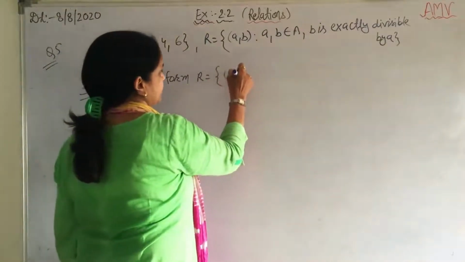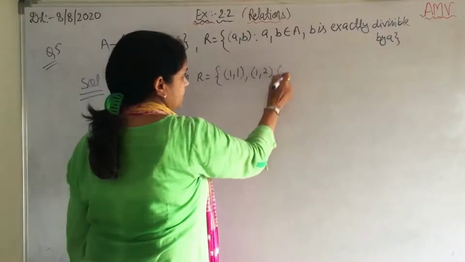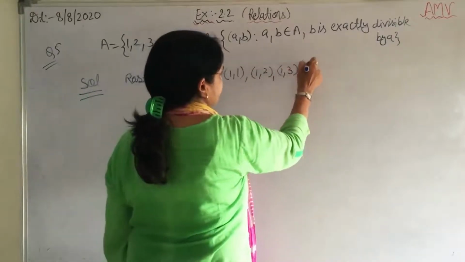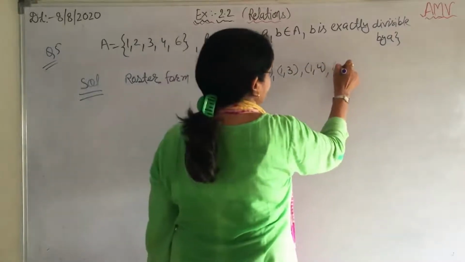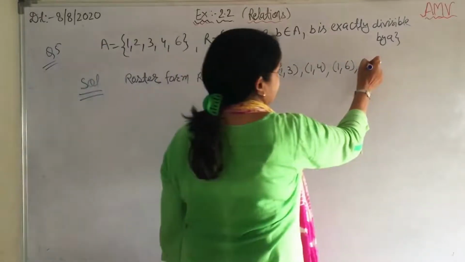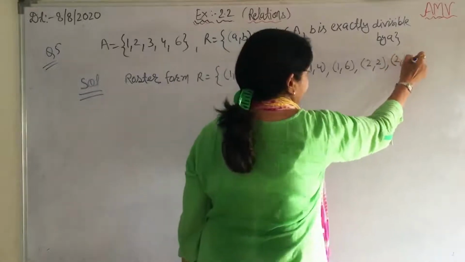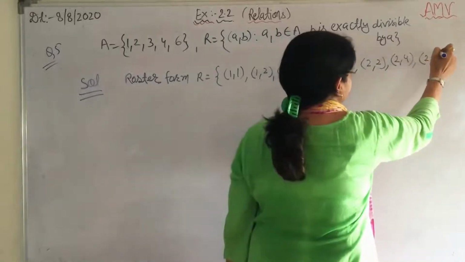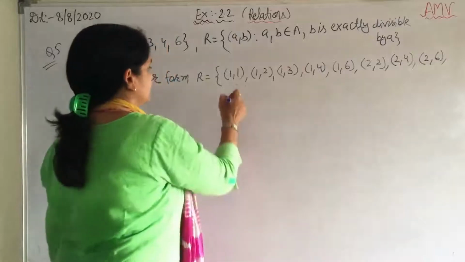So in roster form, 1 relates to 1, since 1 is divisible by 1. 1 relates to 2, 2 is divisible by 1. 1 relates to 3, 3 is also divisible by 1. Same as (1, 4) and (1, 6). Now 2 is divisible by 2 and 4 is divisible by 2, so 2 relates to 4, and 6 is also divisible by 2, so 2 relates to 6 also.